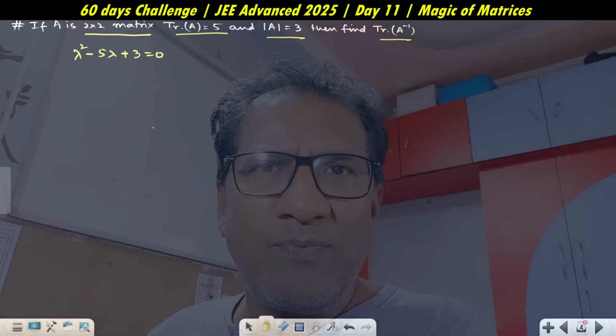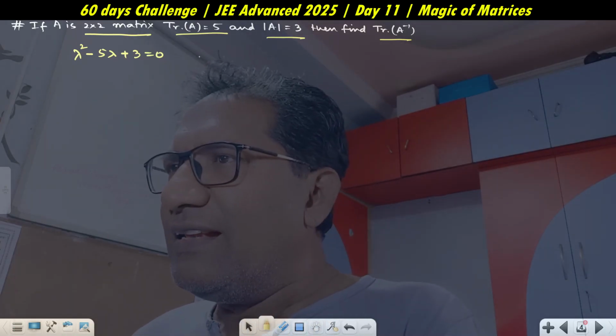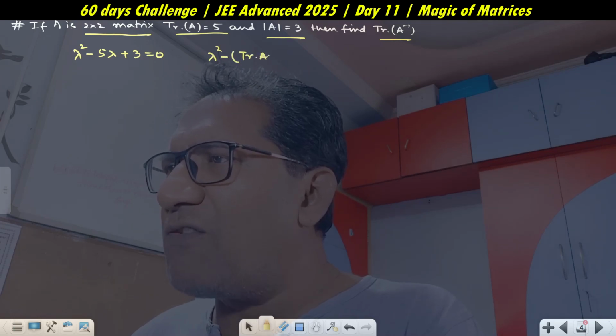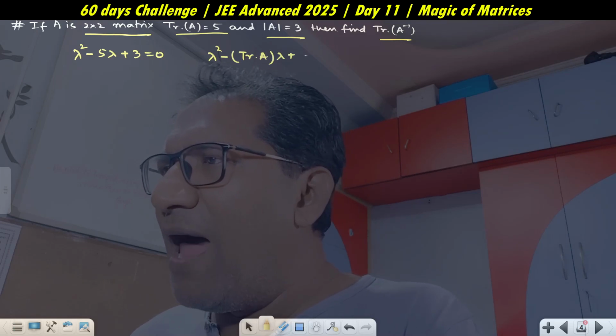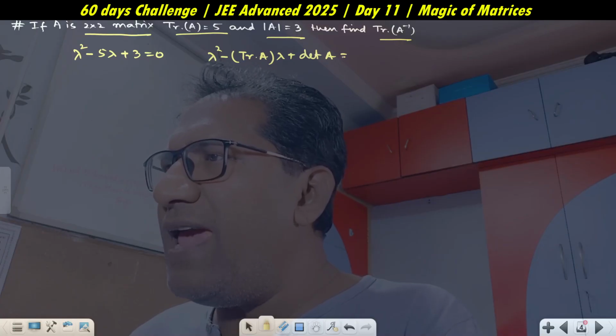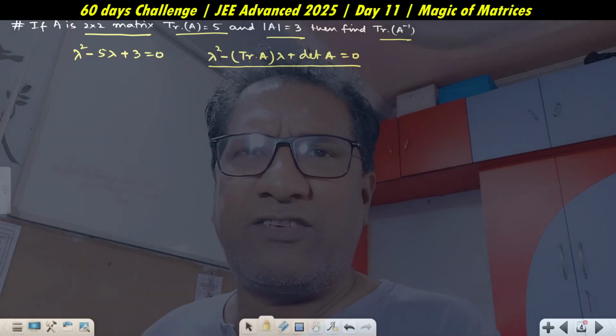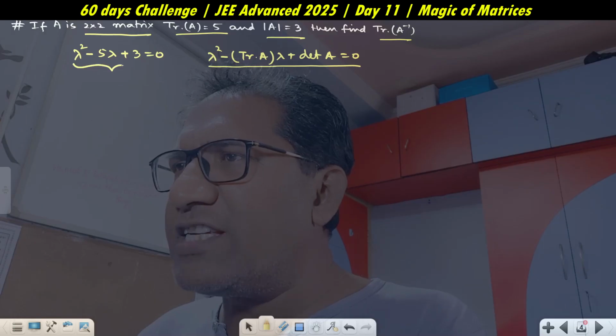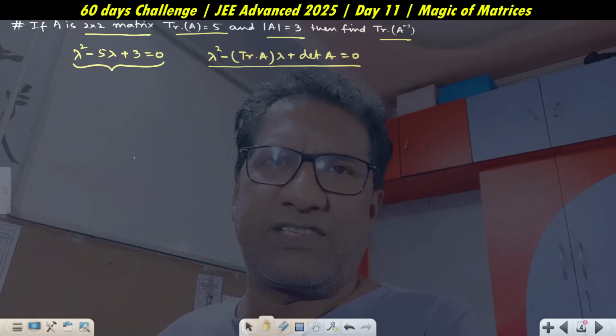Why is it so? Because we know the formula lambda square minus trace of A into lambda plus det of A equals to 0 is the characteristic equation of any matrix of order 2. So the characteristic equation of the matrix A is this.